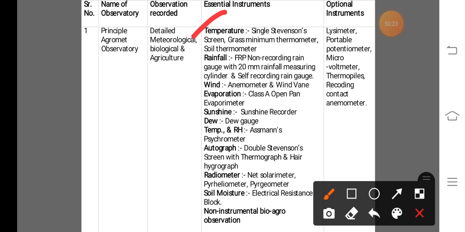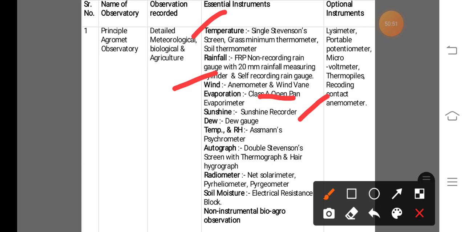Also a self-recording, that means automatic, rain gauge is essential. Next, for wind measurement, for speed an anemometer, and for direction a wind vane is used. Also for evaporation, a class A open pan evaporimeter is used. For sunshine hours, a sunshine recorder is used. For dew, a dew gauge is used.